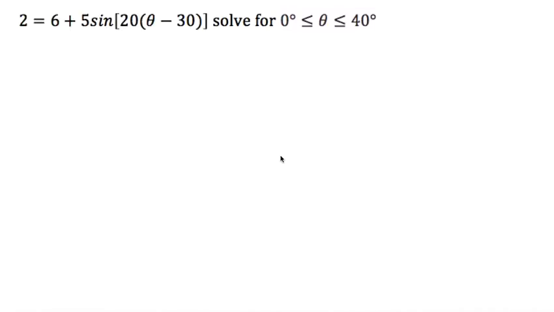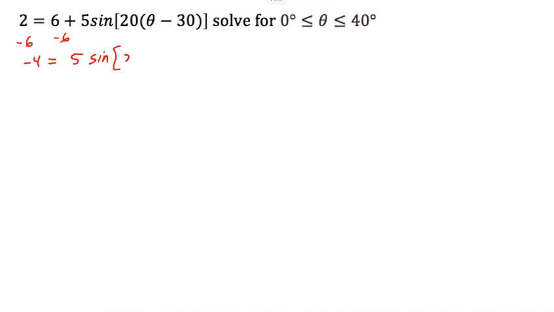This vodcast is about solving trigonometric equations using arc relations, and this one is going to be an arc sine problem. So we're going to start off by doing a bunch of algebra to isolate the sine function. So we subtract 6 from both sides, and you get negative 4 equals 5 sine.